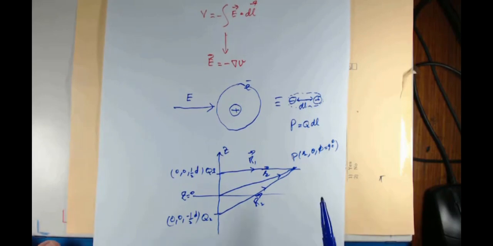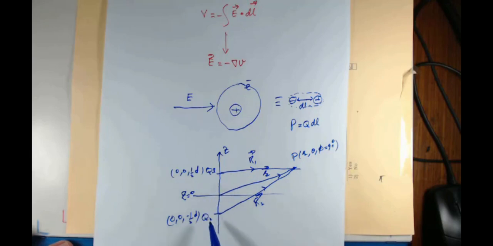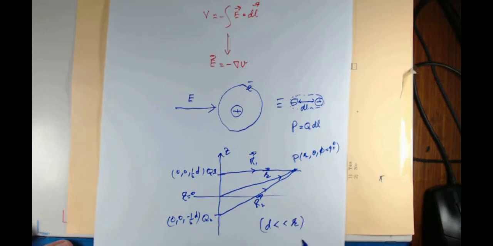Okay, so we are actually interested in the electric field and potential function at P point due to this electric dipole. But remember that the distance d must be much smaller than r. This is the main assumption.